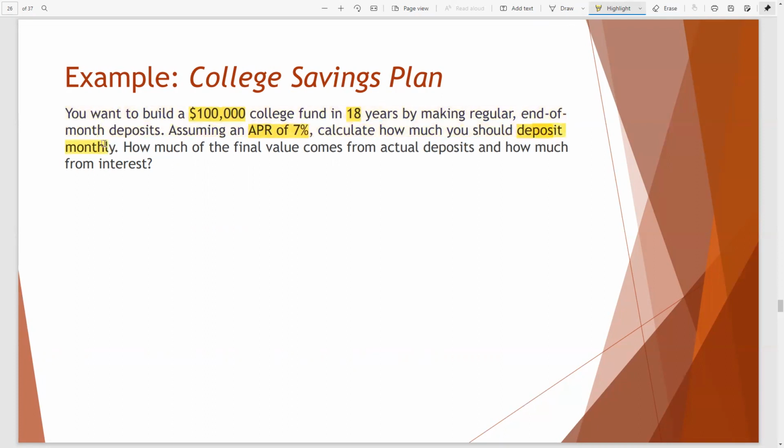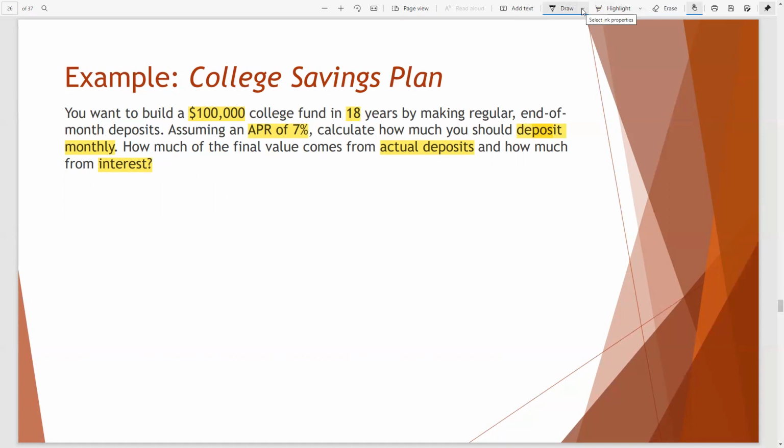It asks for your monthly payment. And after calculating your monthly deposit, you are able to find your total amount of actual deposits and your interest, the same idea we saw in the last question.